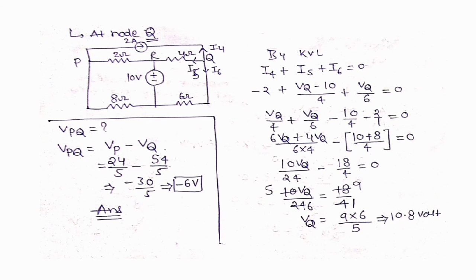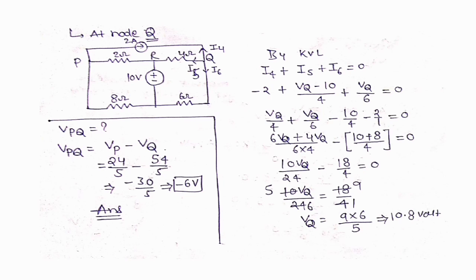By KCL, I4, I5, I6 add up, with the same assumption: all currents go outward from the node. What is the value of I4 here? The direction of I4 is different from what is given in the network, so I have written I4 equal to minus 2.